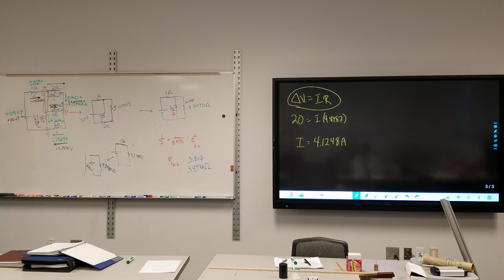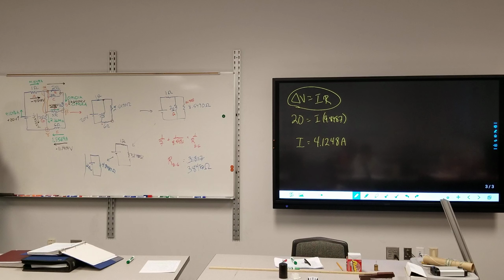How do you know which way the current is flowing? Because I have a battery here, and so if I think about the current flowing like this, and we get to here, it has to spread out and come this way. Once we had the equivalent resistance, we knew which way, and we figured out what the current is and the potential drop here, just slowly gathering it piece by piece.